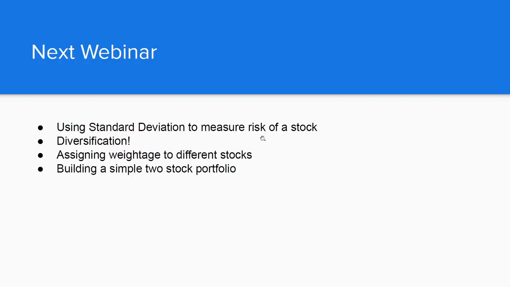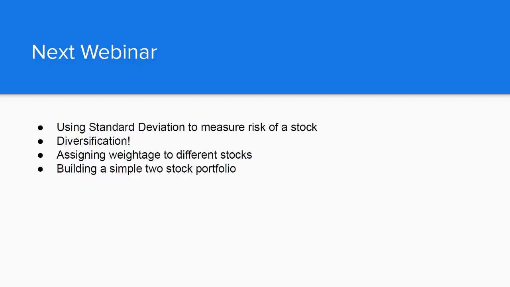So in the next webinar, we will see how we can use standard deviation to measure the risk of a stock. We will also talk about diversification. Generally, you would have got an advisor who will say that if you diversify your portfolio, your risk will reduce.